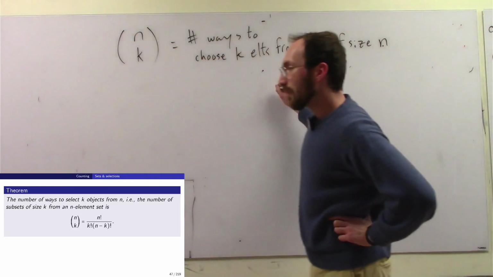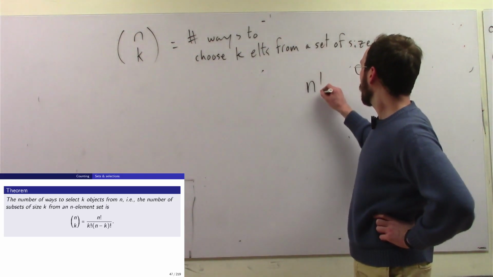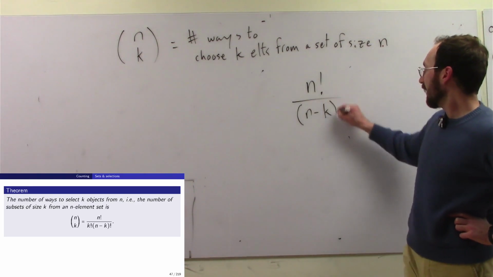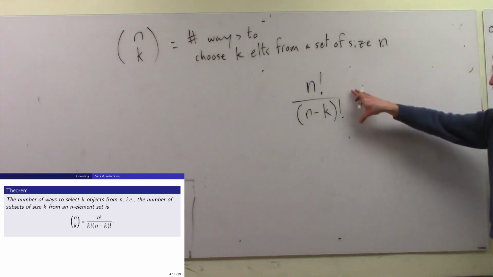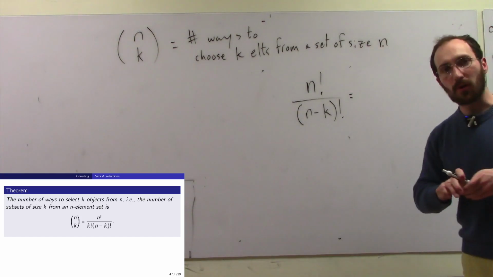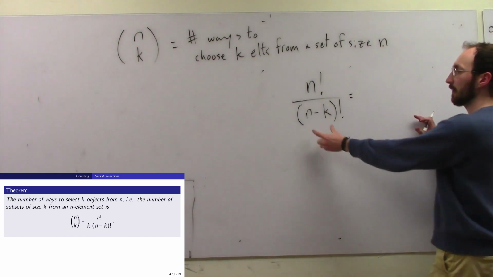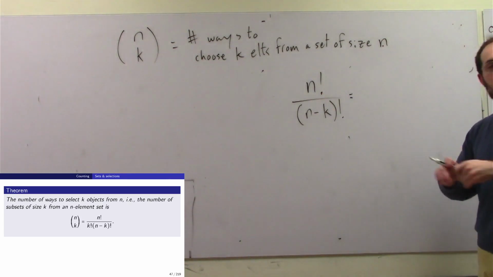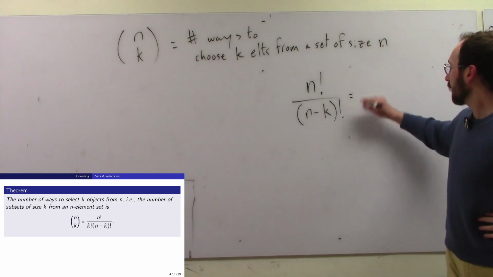Okay, but if we look at this right-hand side, we have n factorial divided by n minus k factorial. See this right here, this is our permutations of k elements from a set of n objects. So let's write that down.